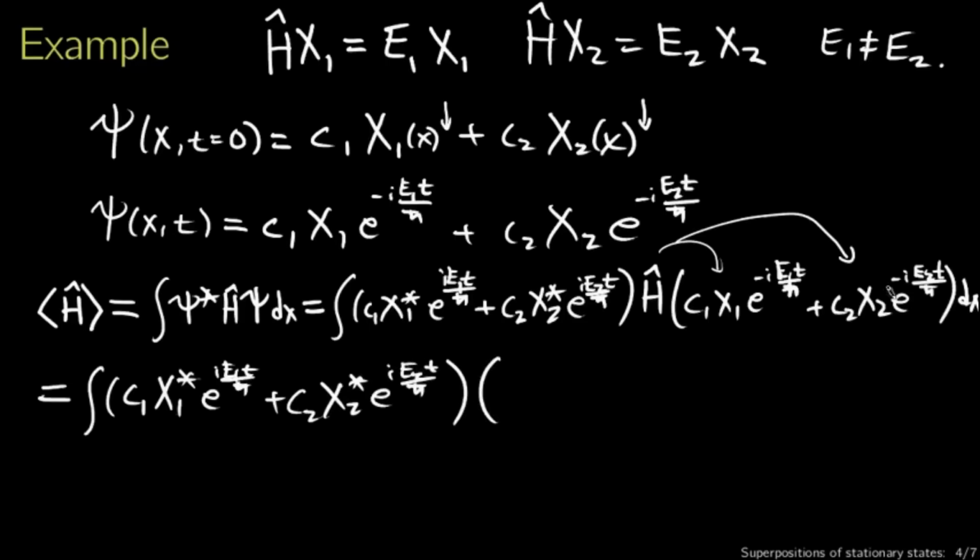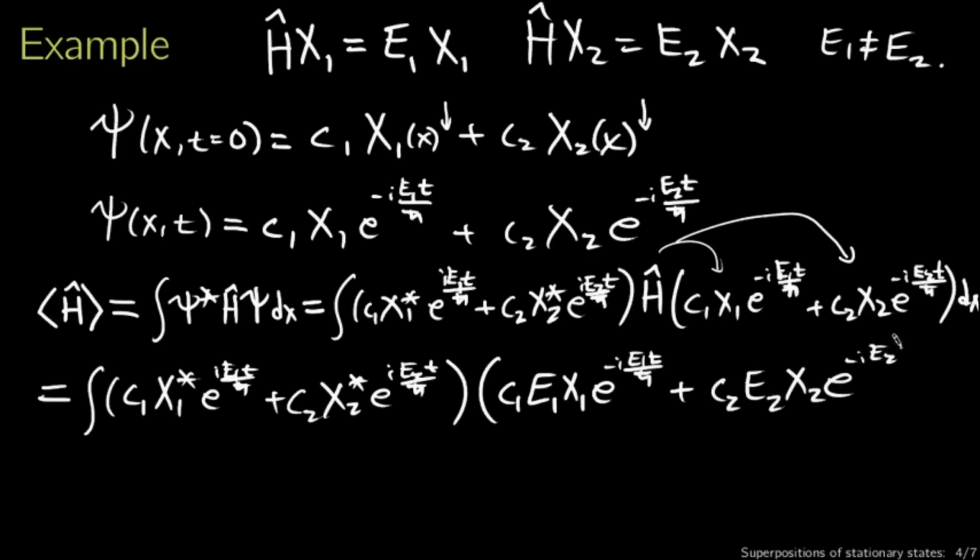And now after I've applied the operator to this, I get c1 e1 x1 e to the minus i e1 t over h bar. And this is just substituting e1 x1 for H hat x1, plus the same sort of term for the second part, c2 e2 x2 e to the minus i e2 t over h bar. Still integrated dx.